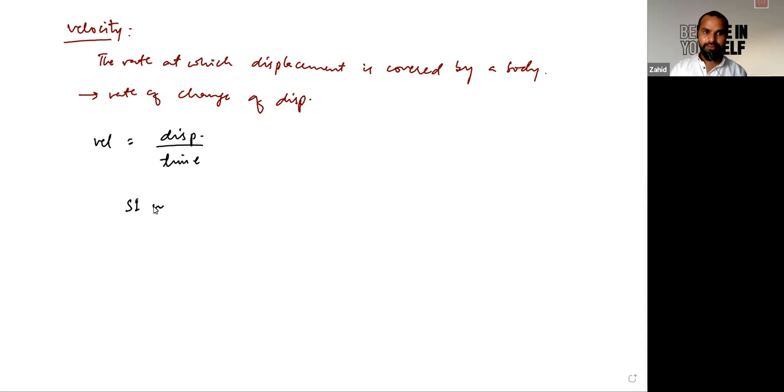So SI unit is meter per second. Since displacement has a fixed direction, we call it a vector quantity. When a vector is operated with a scalar, whether multiplied or divided, the resultant would be a vector. So velocity is a vector quantity.